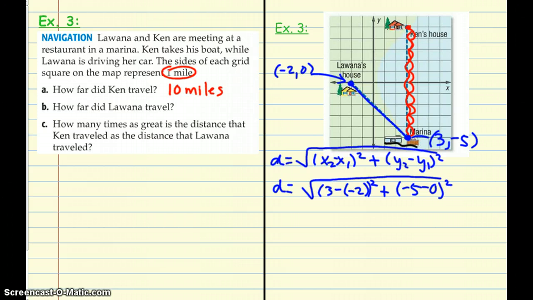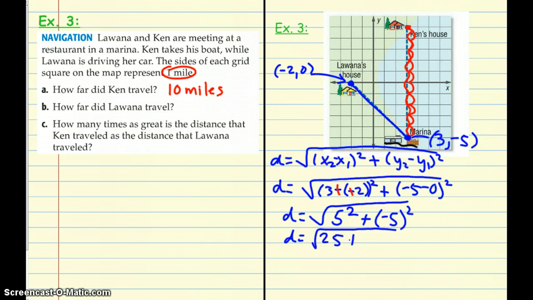Again, we've got 3 minus negative 2, and subtracting a negative is like adding a positive. So we have d equals the square root of 5 squared plus, and negative 5 minus 0 is negative 5, so negative 5 squared. 5 squared is 25 plus 25, and that equals 50.